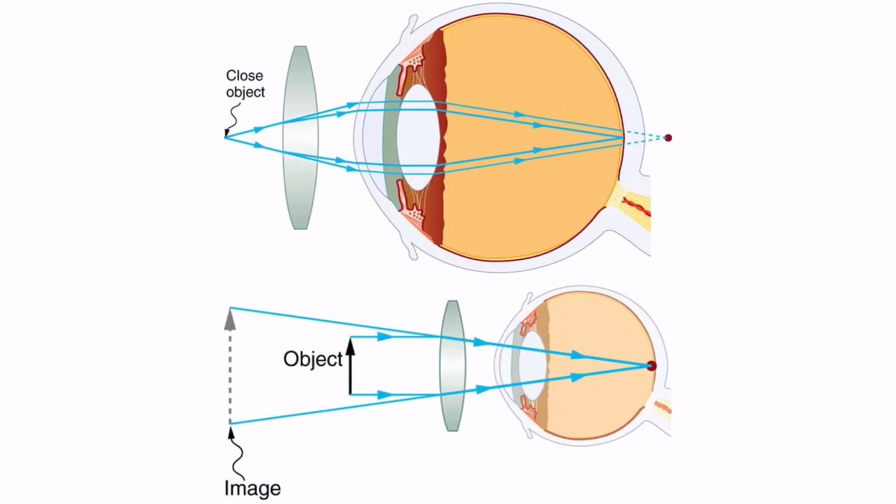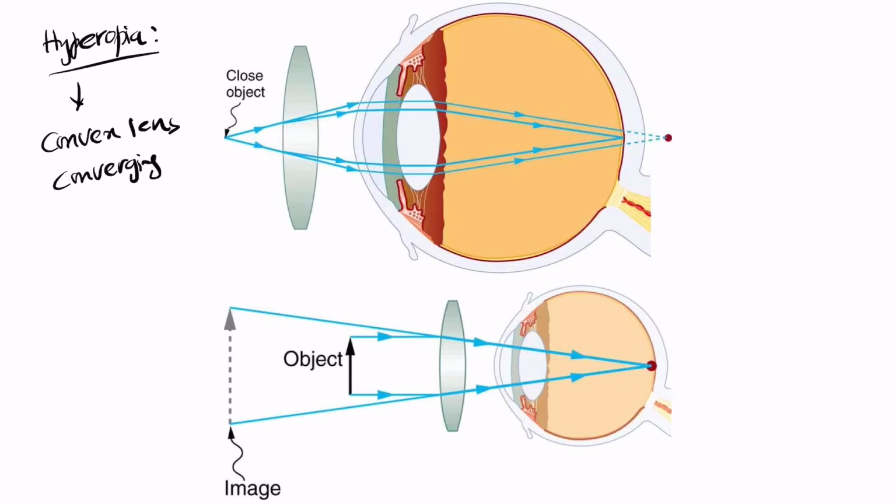Next is hyperopia. In hyperopia, the lens that is used is a convex lens or a converging lens. Here the image is forming far away, beyond the retina, which means that you don't want it to go that far; you want to bend it right away.